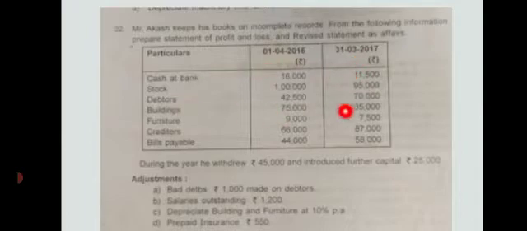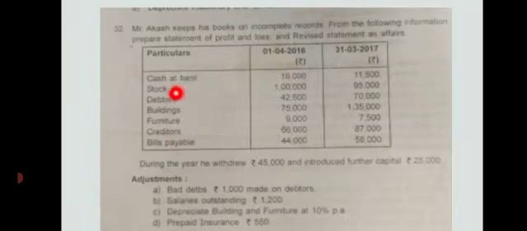By taking the data as it is from the problem, after reading this particular table, if it is an asset, we need to enter it on the asset side, and if it is a liability, we will enter it on the liability side.